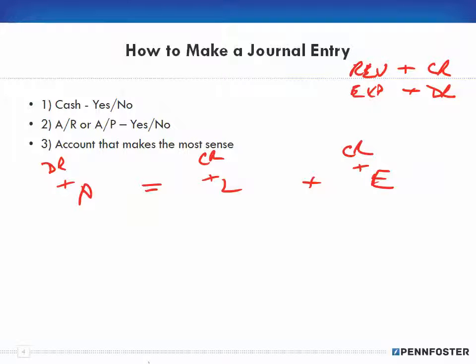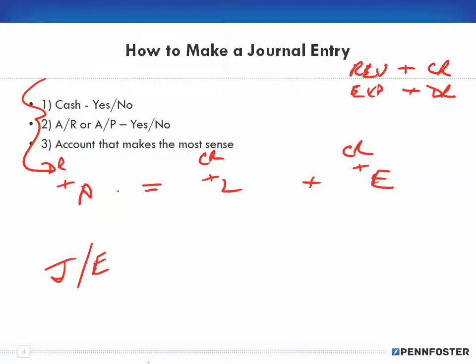As I was creating the slides for the homework problems assigned to this chapter, you're going to be making a lot of journal entries, and when I'm showing you how to make those journal entries, I'm going to be going through this thought process.